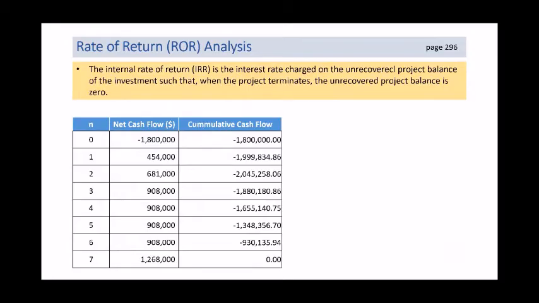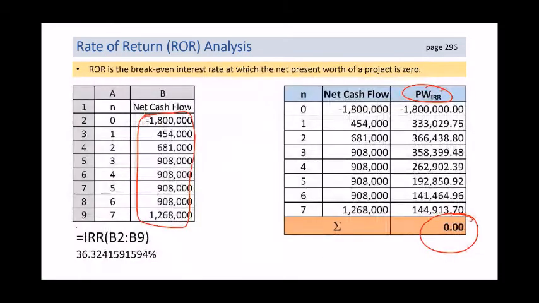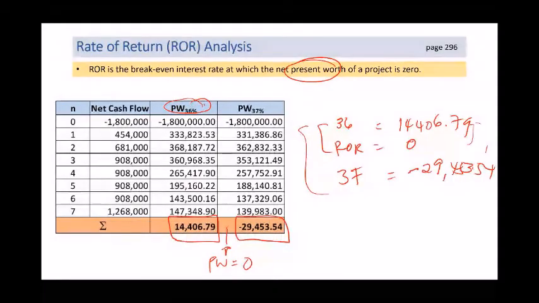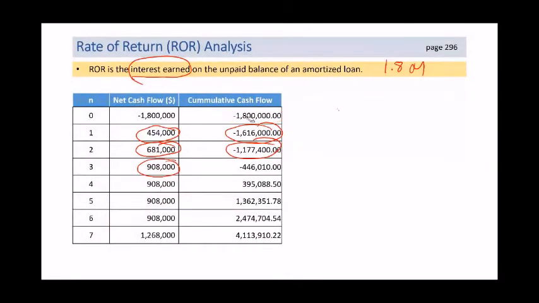The most popular is the IRR. Actually, IRR is only one of the rate of return methods. We have a lot. IRR means internal rate of return, because we assume the benefits that we get come from the investment, coming from the unpaid balance.